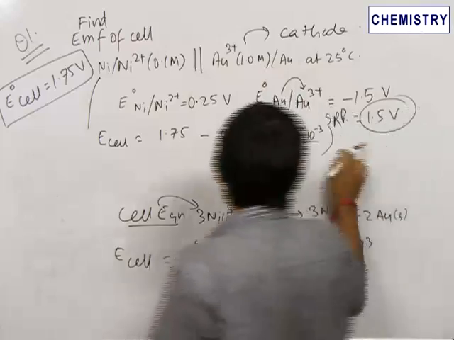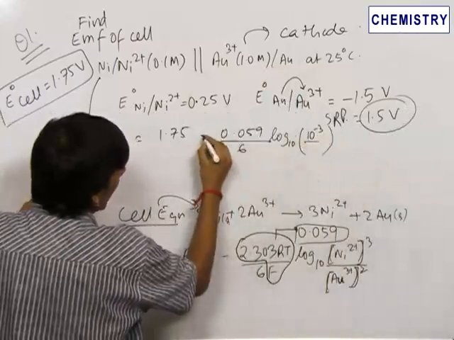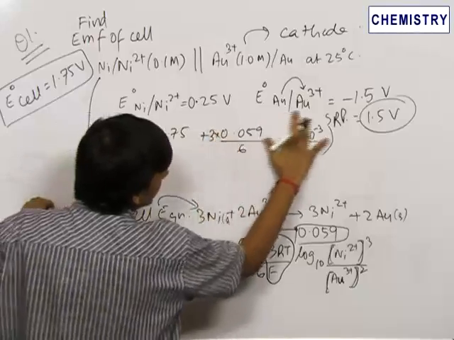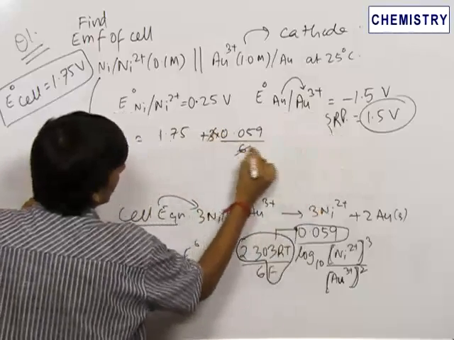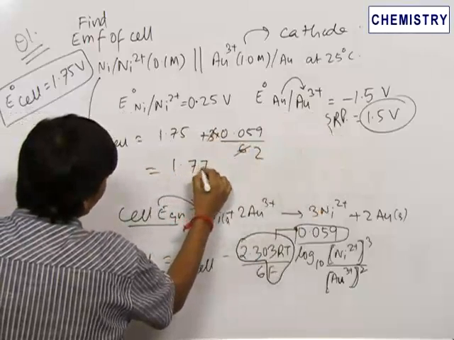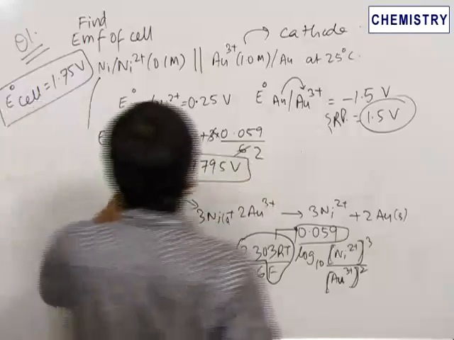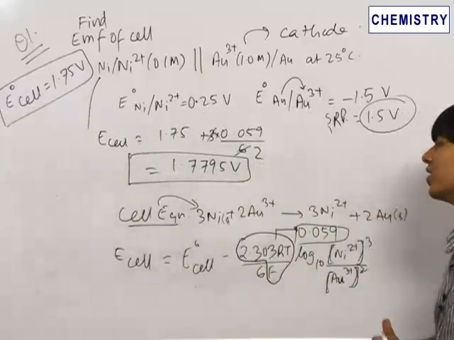Therefore we write 10 raised to minus 3 over here. Therefore minus 3 comes outside and we get plus 3 into this quantity. So the final answer for the EMF of the cell comes out to be 1.7795 volts.